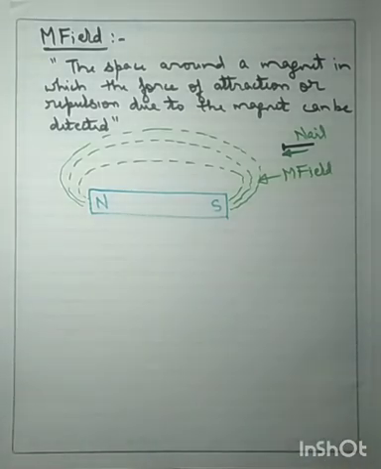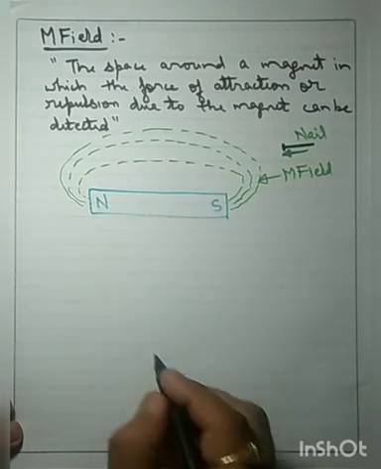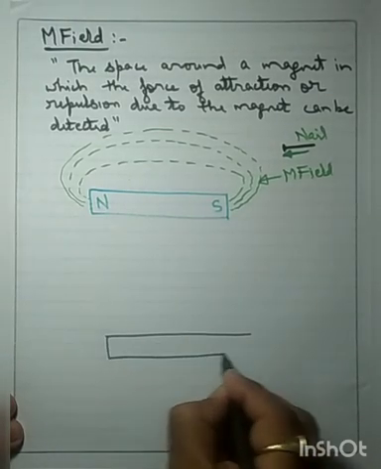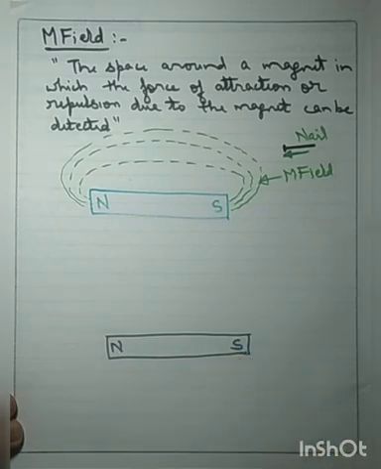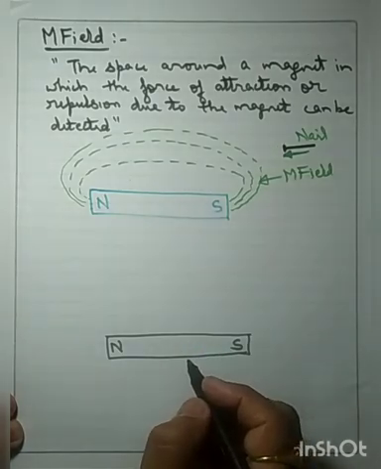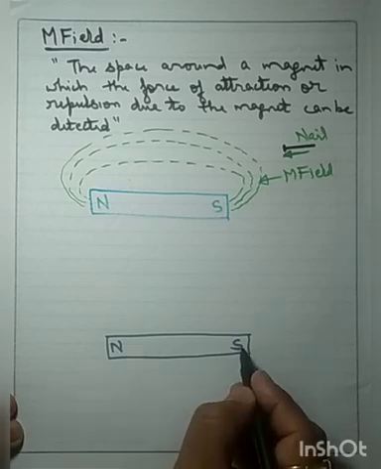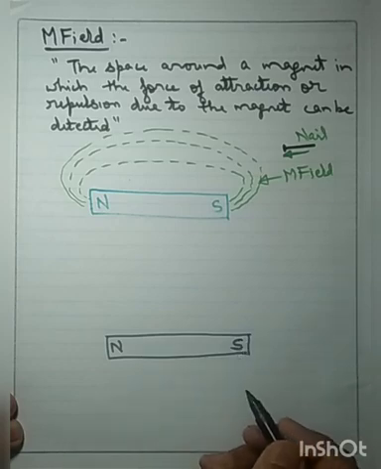And we must understand how this magnetic field is formed. Suppose this is a magnet having north pole and south pole. You know that the magnetic field lines always originate from the north pole and end at the south pole outside the magnet, but inside the magnet it moves from south pole to north pole.